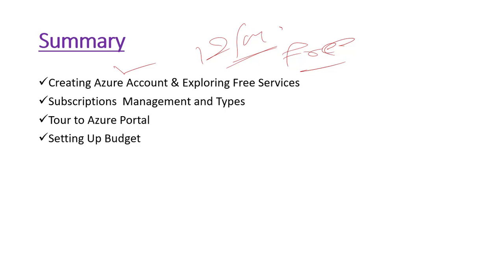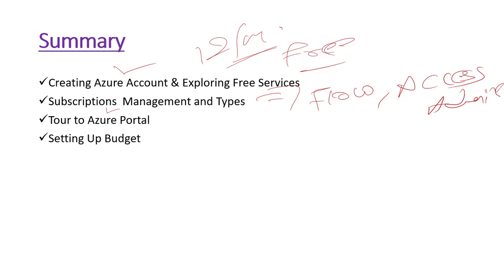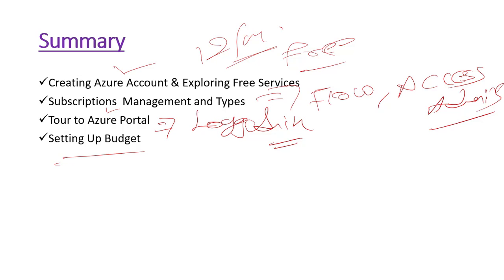We also saw what a subscription is, types of subscriptions, and we took an enterprise account as an example, and we saw the flow of hierarchy and access levels of each admin. And we logged into the Azure portal, saw how to access it, and also set up a budget for our subscription.